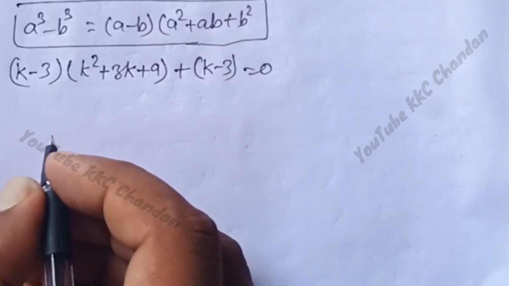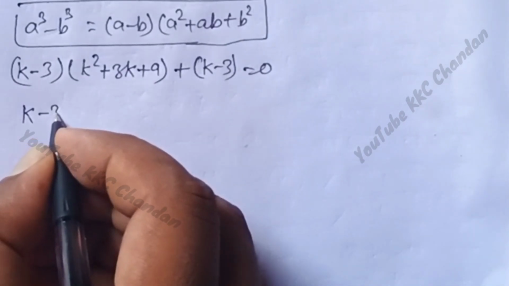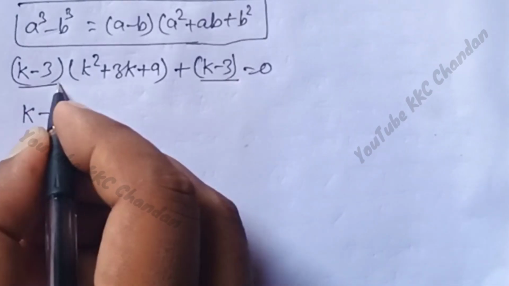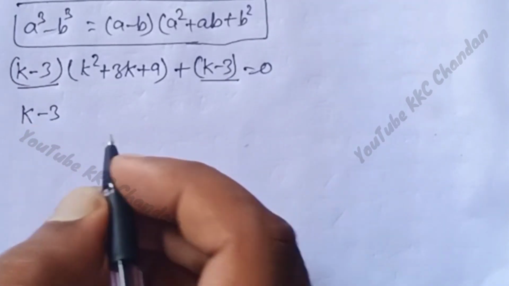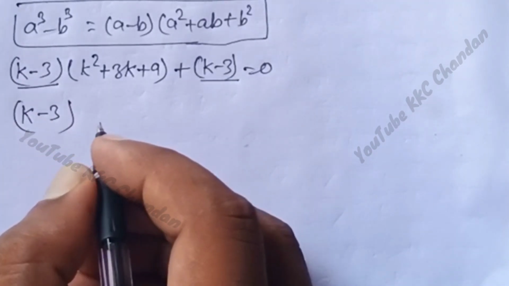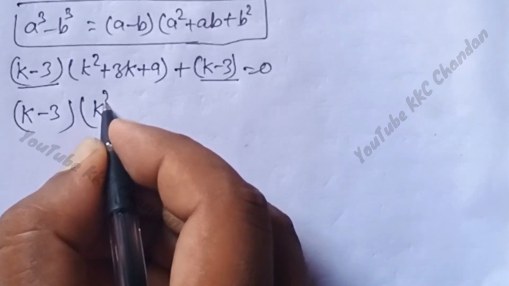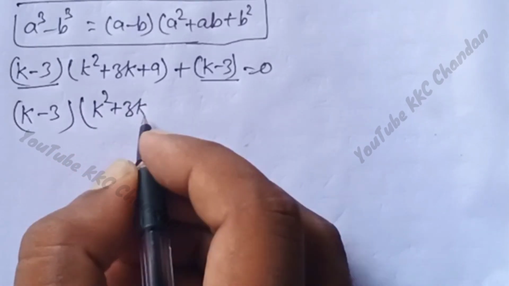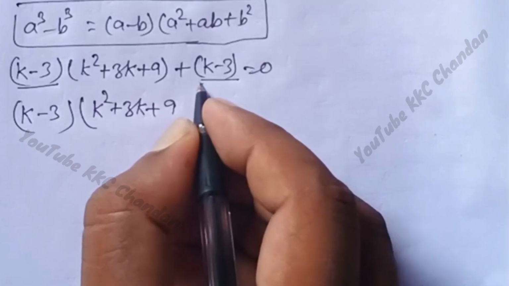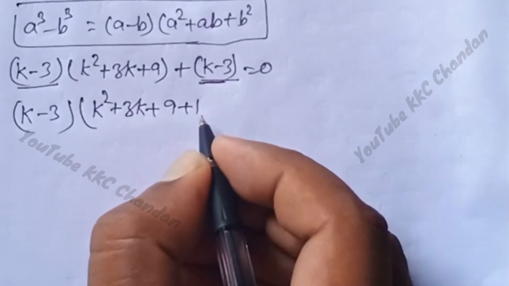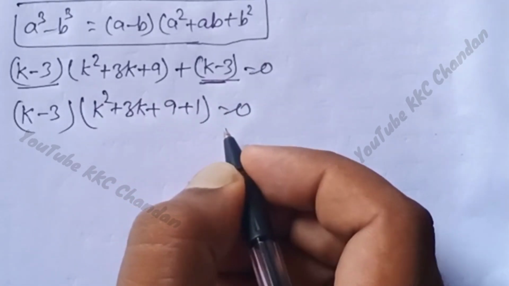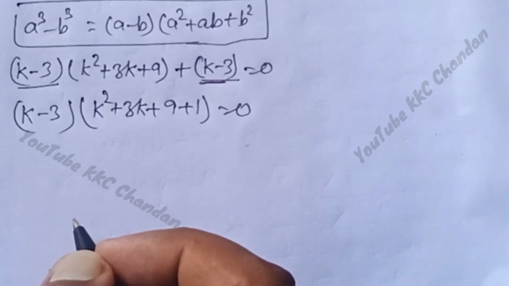In the next step, k minus 3, k minus 3. Take common k minus 3. After that, k square plus 3k plus 9 plus 1 is equal to 0. There are two solutions.